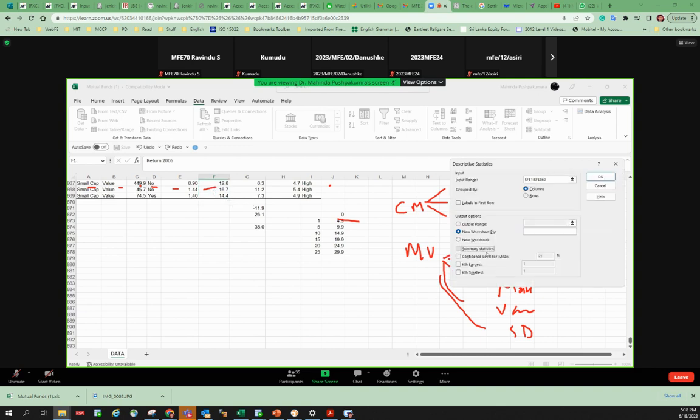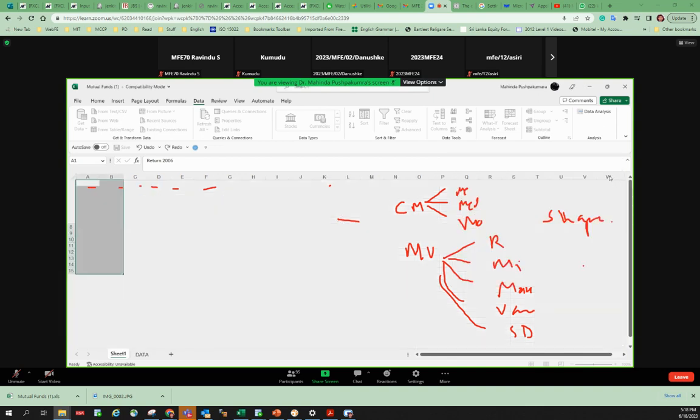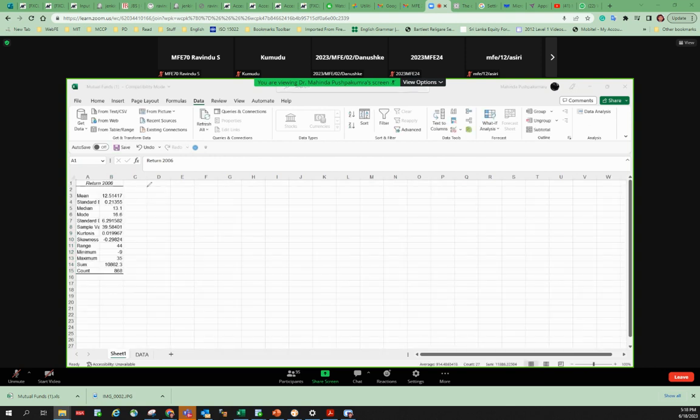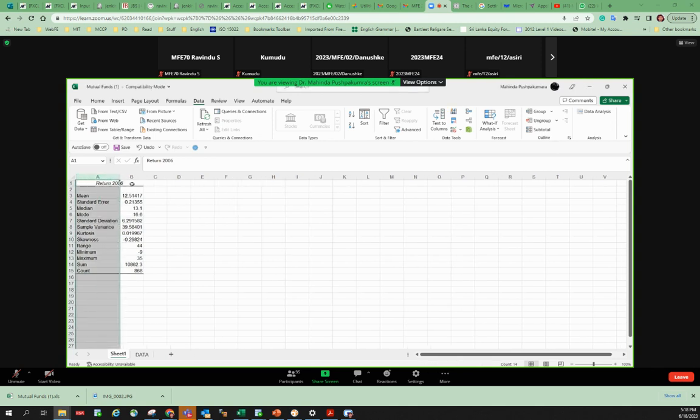Then select summary statistics, then labels in first row, then OK. Then you can see the results. Can you see the descriptive statistics? Value of mean, median, mode.